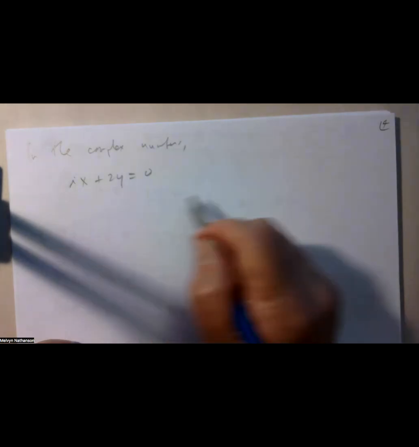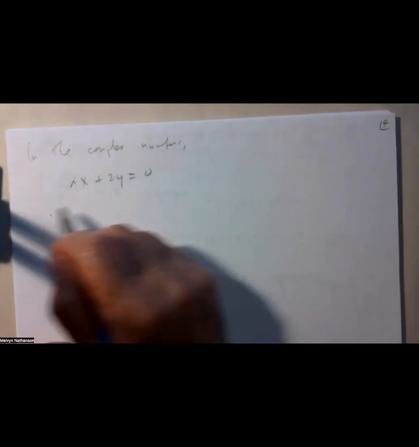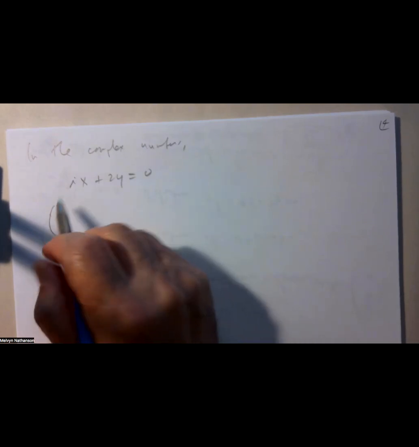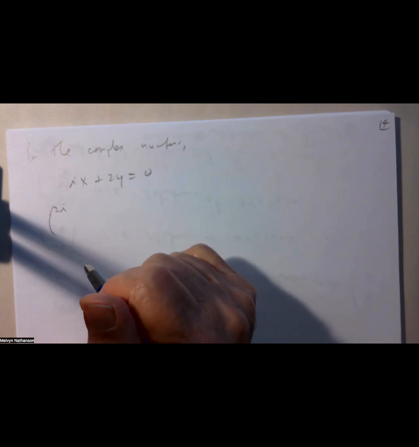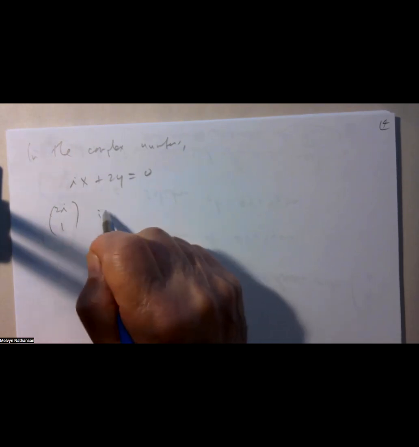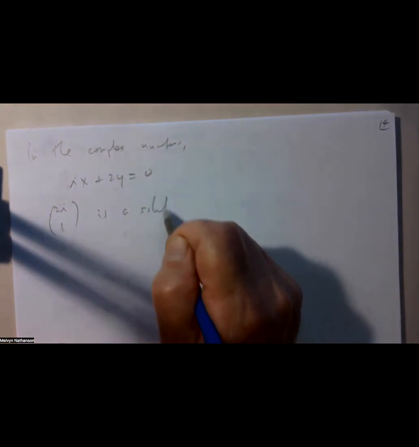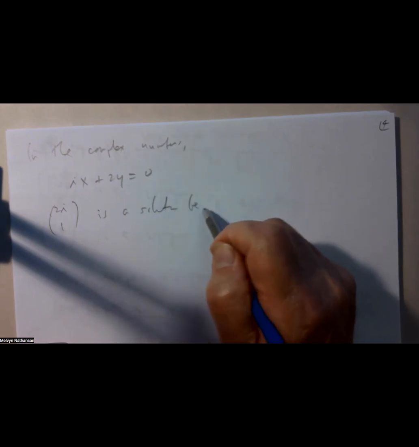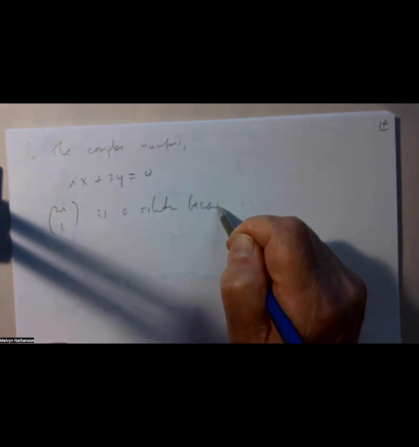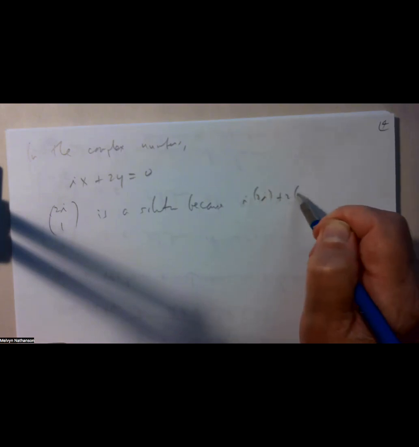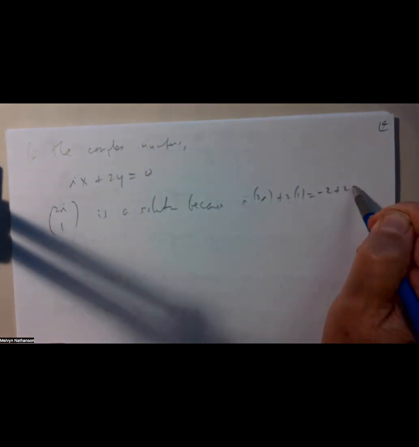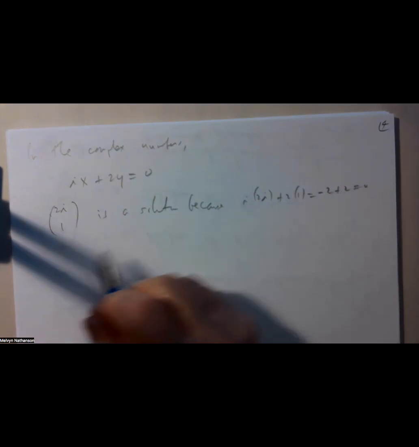And one solution might be (2i, 1), because i times 2i plus 2 times 1 is minus 2 plus 2, which is 0.